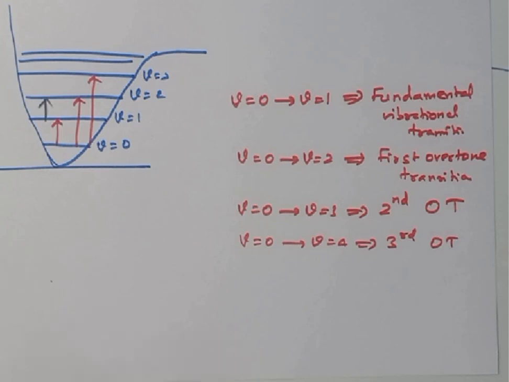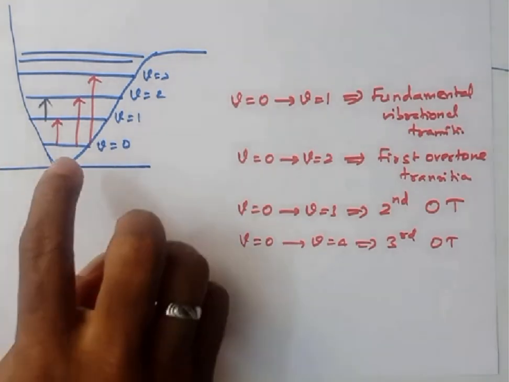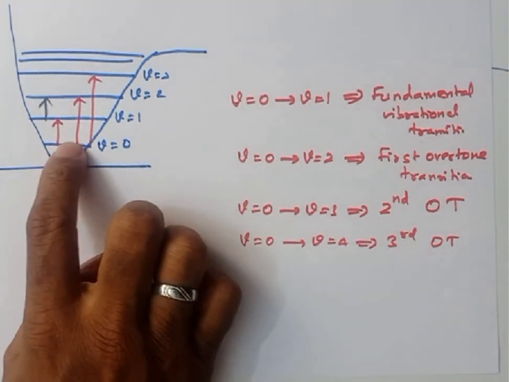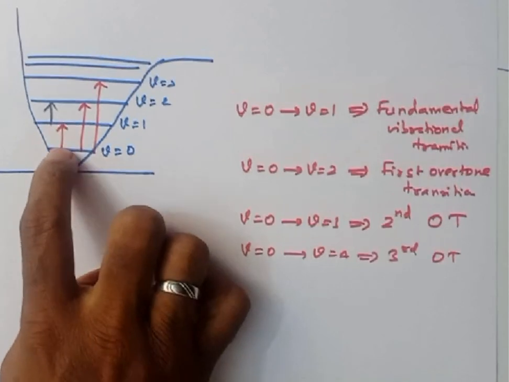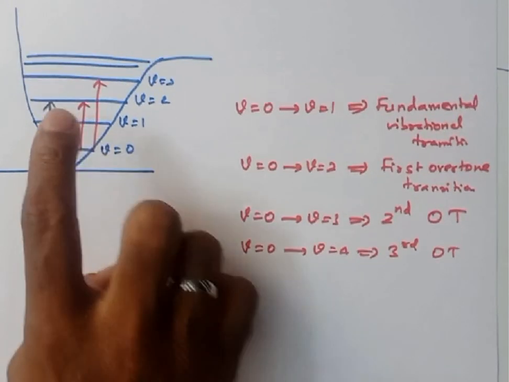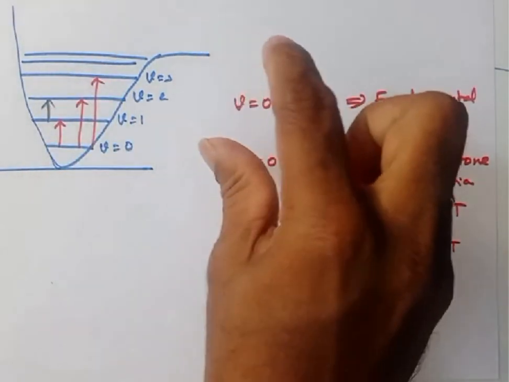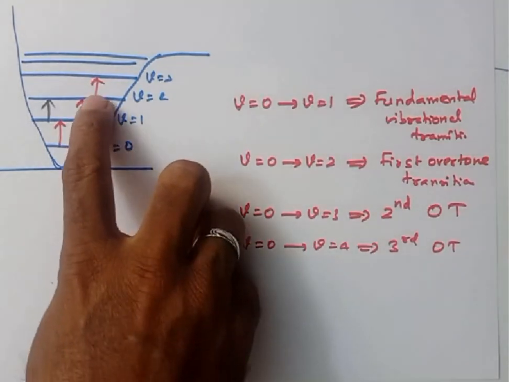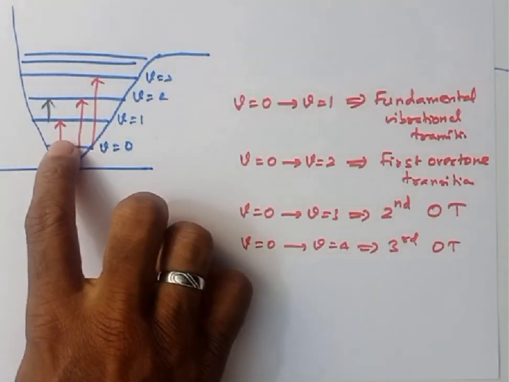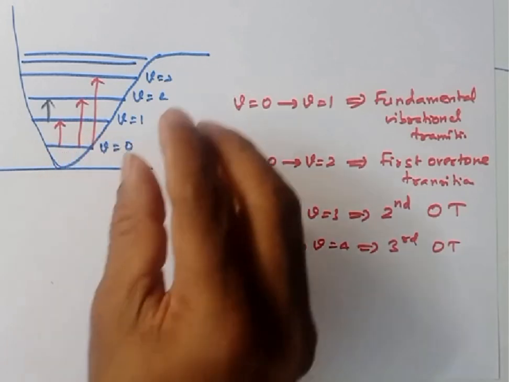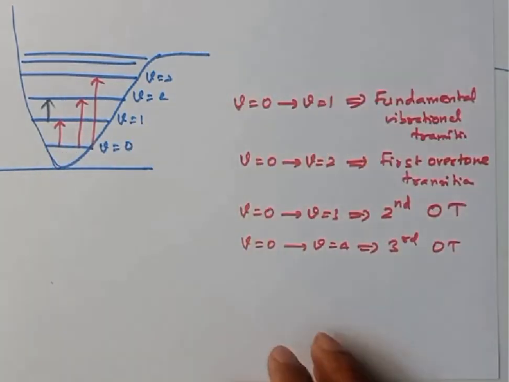Therefore, at room temperature, most molecules are present in the V equal to 0 level. So if the 0 to 1 transition takes place, many molecules will participate, and you will get an intense line in the spectrum. Similarly 0 to 2. So fundamental and overtone transitions appear with good intensity.